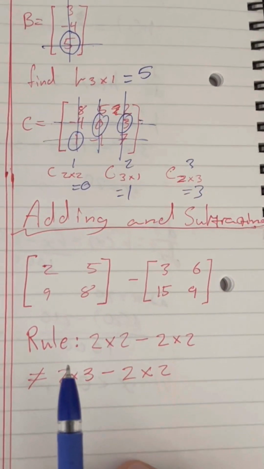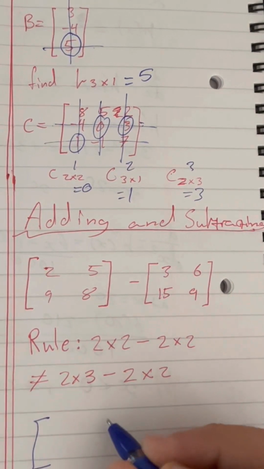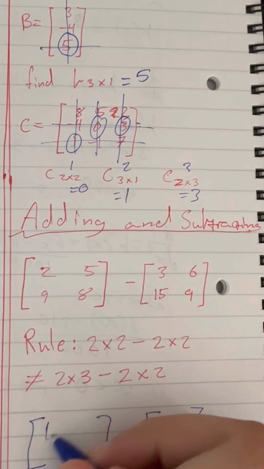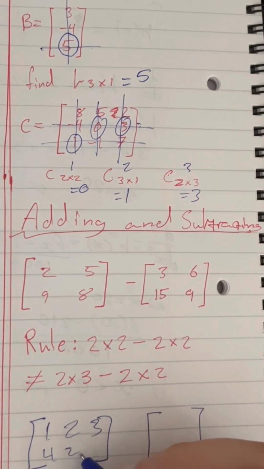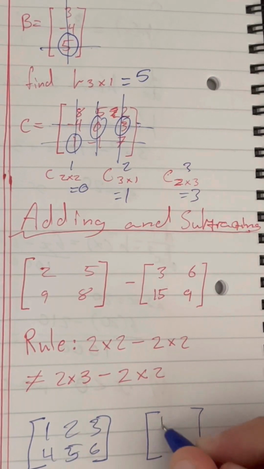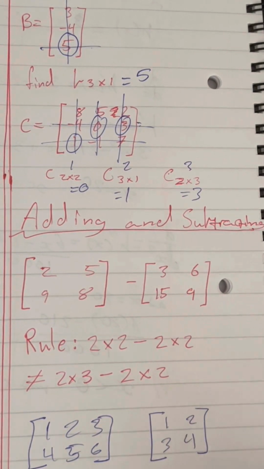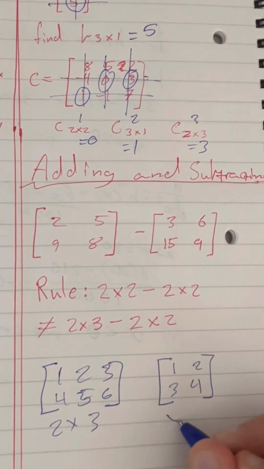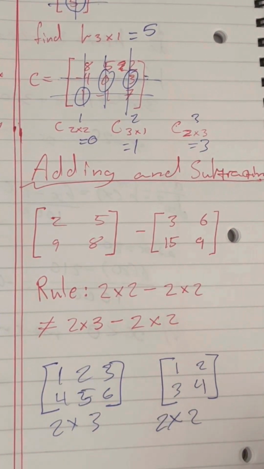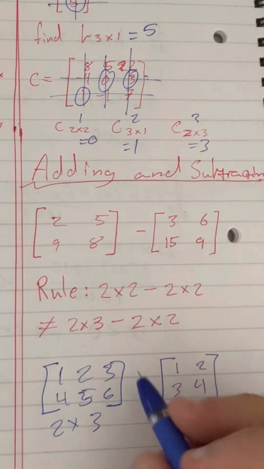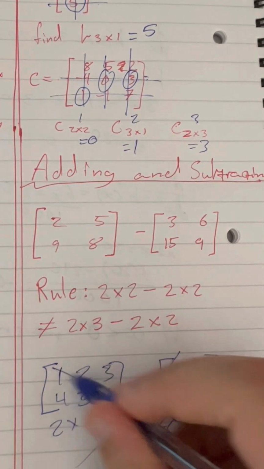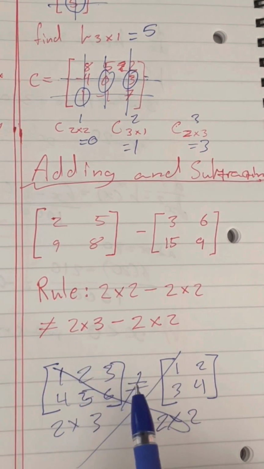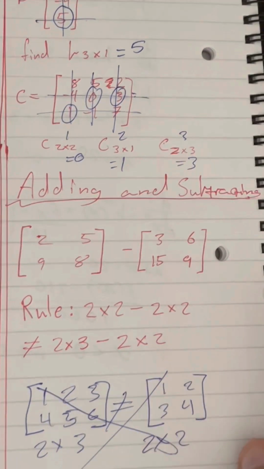But let's say for an example we had 1, 2, 3, 4, 5, 6, and then 1, 2, 3, 4. This is a 2 by 3 matrix, and this is a 2 by 2 matrix. These cannot add and subtract because they're not the same order, so we're not allowed to add or subtract them.